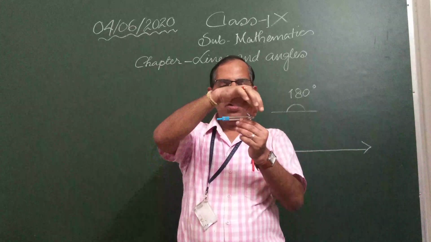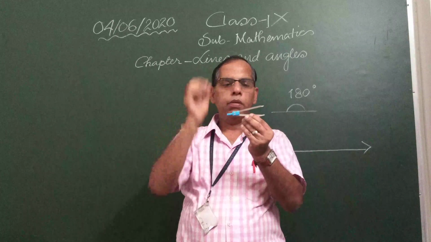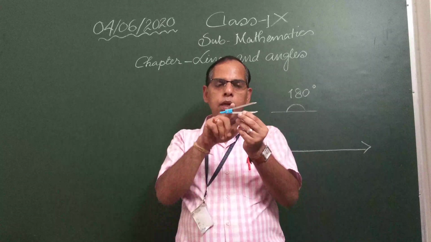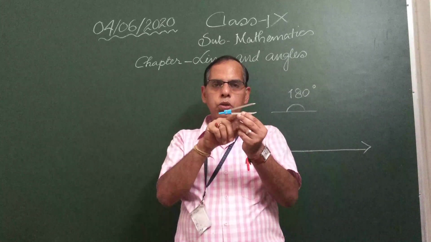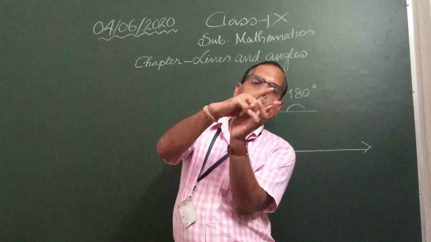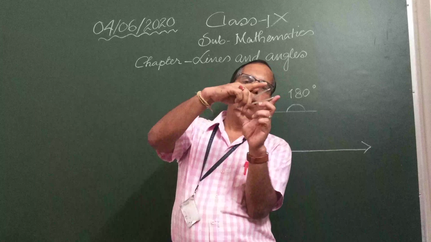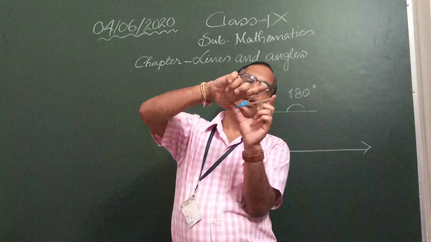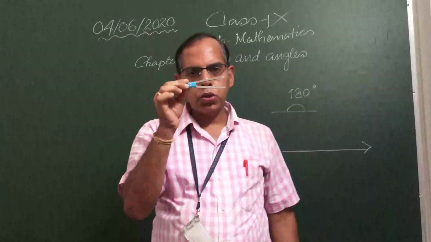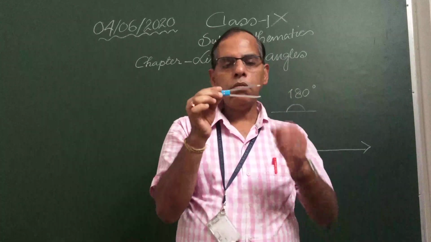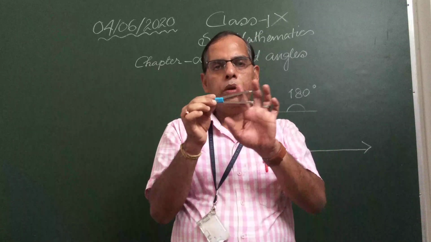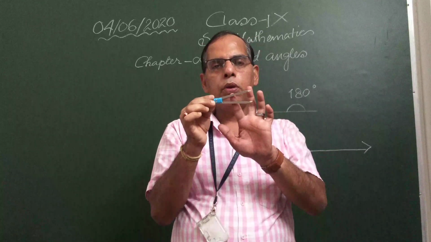The moment I rotate this one, either clockwise or anti-clockwise, now there is a deflection. This is one ray, this is another ray, and these two rays make an angle. What type of angle is this? You already know, this is an acute angle.